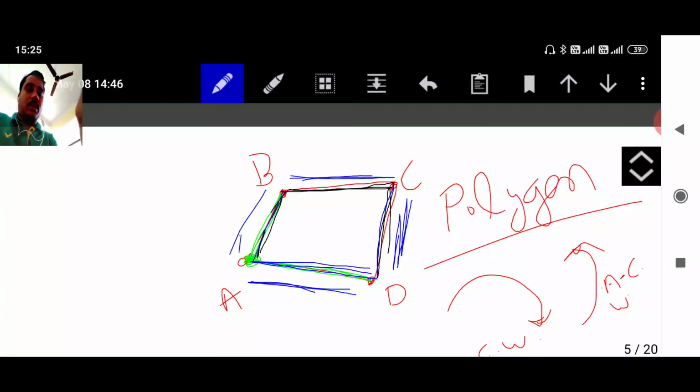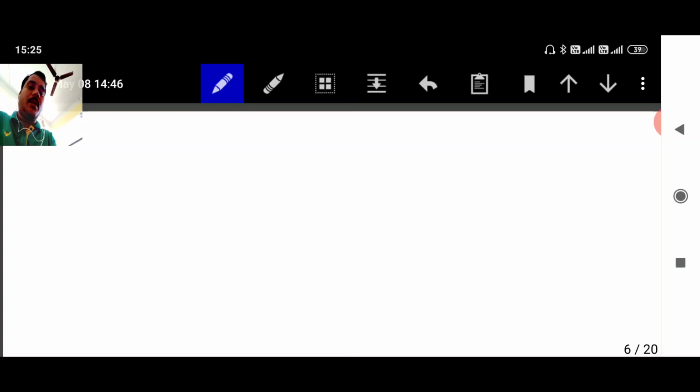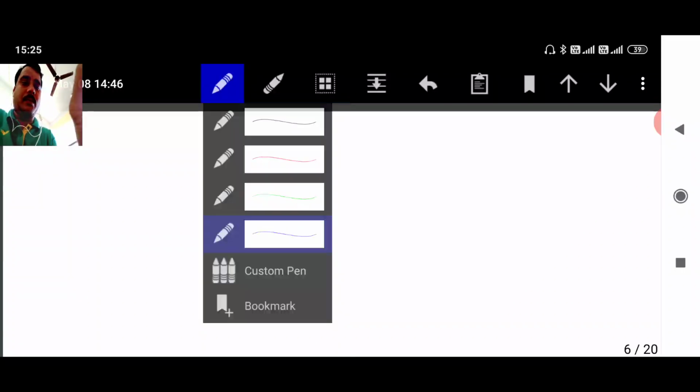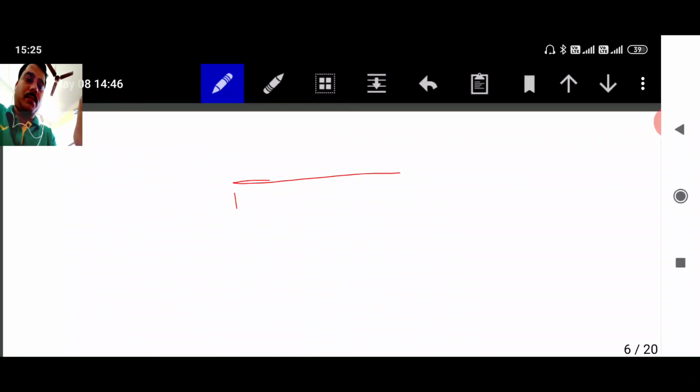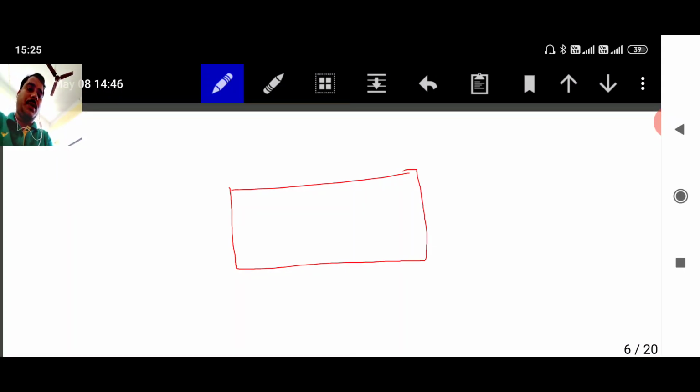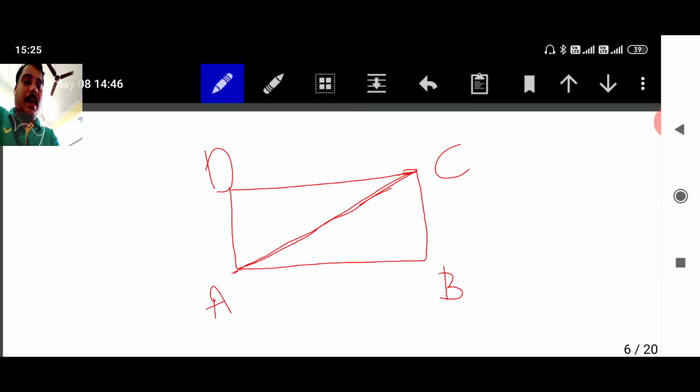Meaning, what is a diagonal? If we have a figure like this, okay, and name it A, B, C and D. So the line joining A to C and B to D. These line segments are known as diagonals.